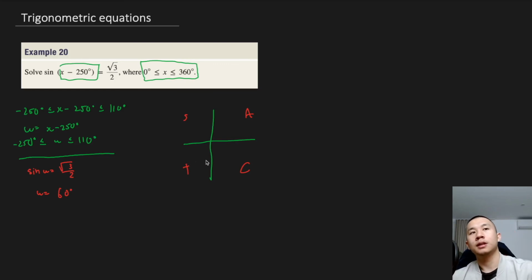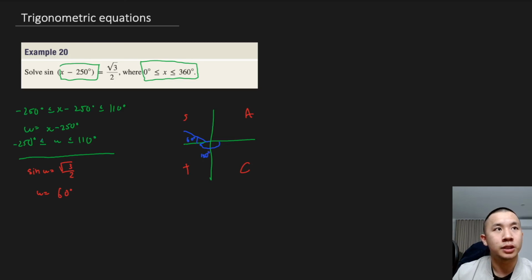No, because sine's going to be negative here. But I know that there's a chance that sine can be positive here, and in fact it is, because this is 180. And 180 plus 60 is 240, which is just above negative 250. So I know that, let me do this in red, negative 240 is the solution.